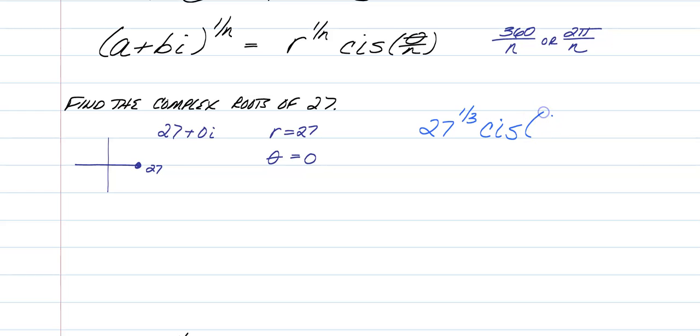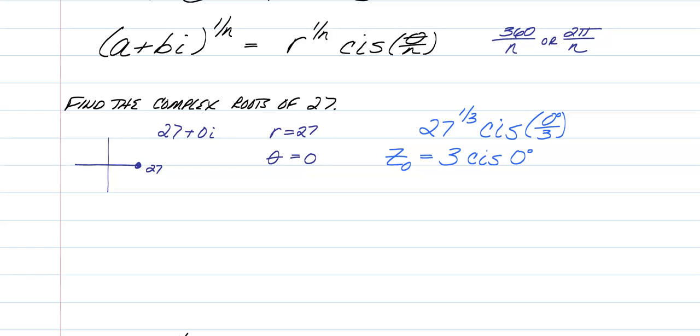That would be 0 divided by 3, and we're going to do this in degrees. That simplifies to 3 CIS 0. So that is our first one.